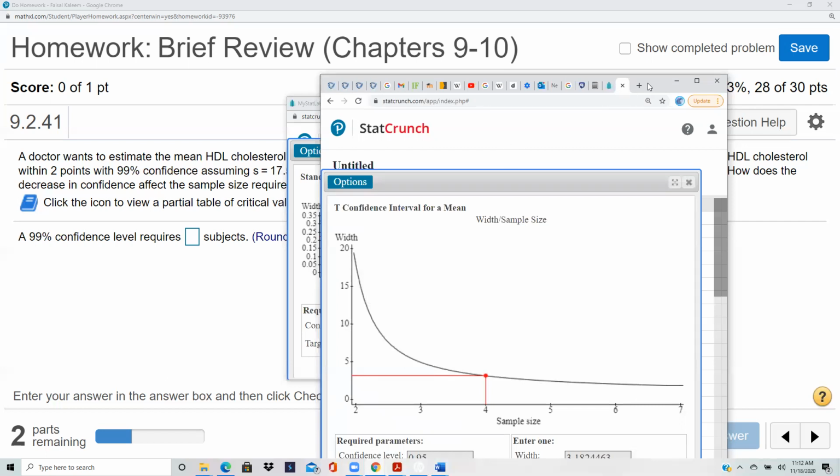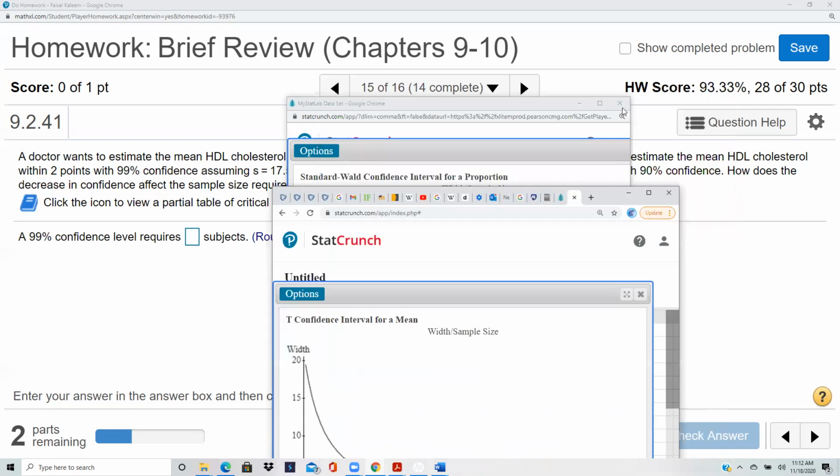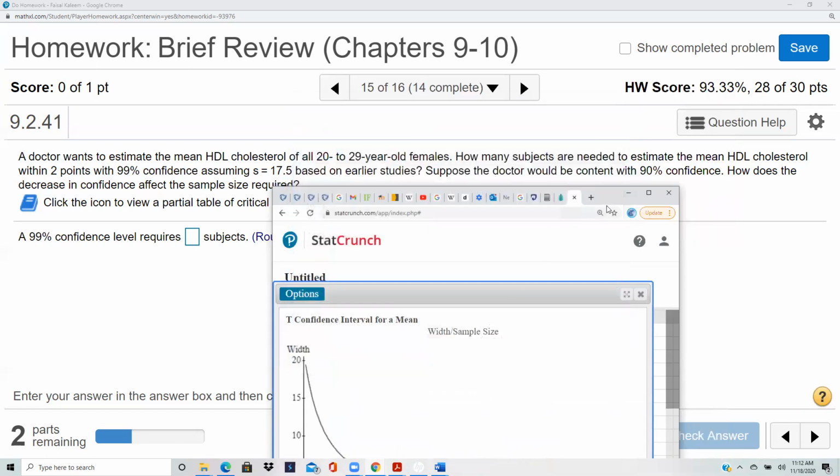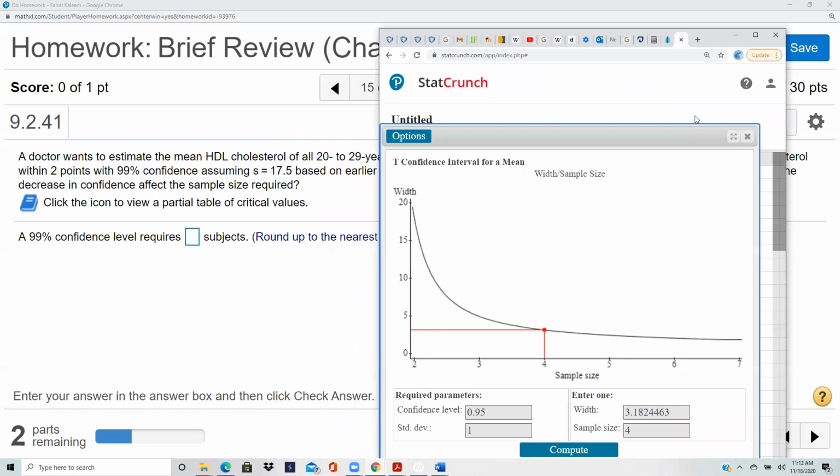Okay, so tell me the values. The confidence is 99.